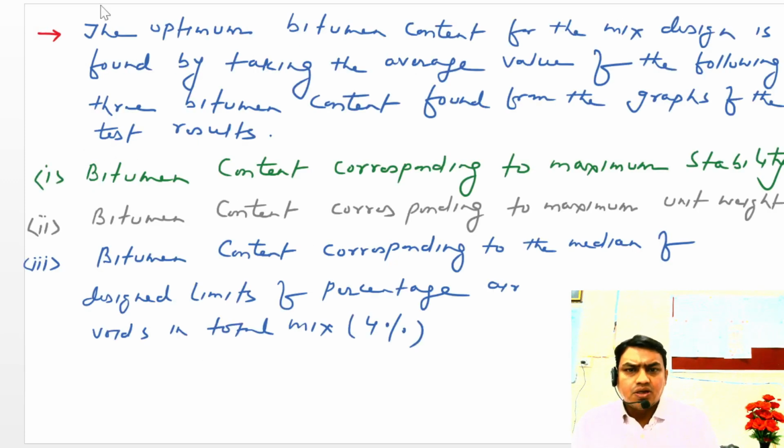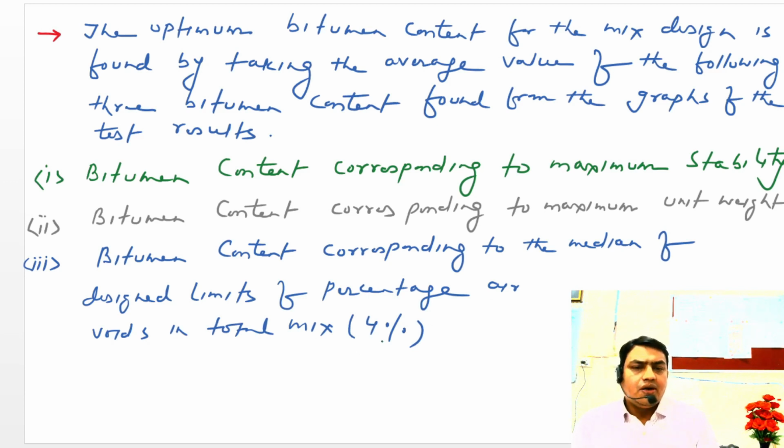Here I have written the optimum bitumen content for the mix design is found by taking the average value of the following three bitumen contents found from the graphs of the test results: bitumen content corresponding to maximum stability, bitumen content corresponding to maximum unit weight, and bitumen content corresponding to the median of the design limit of percentage air voids, that is generally taken as 4%.